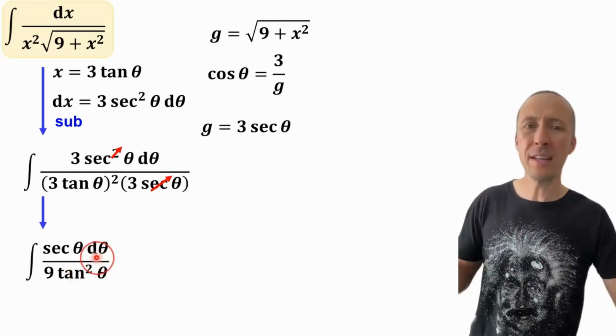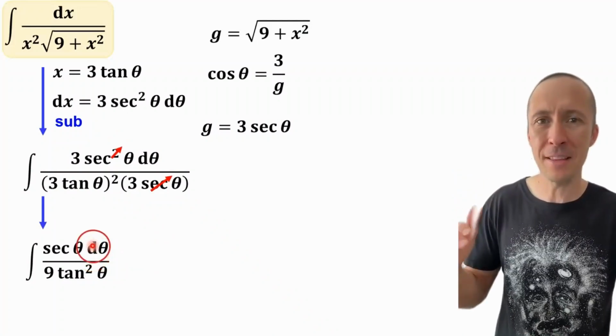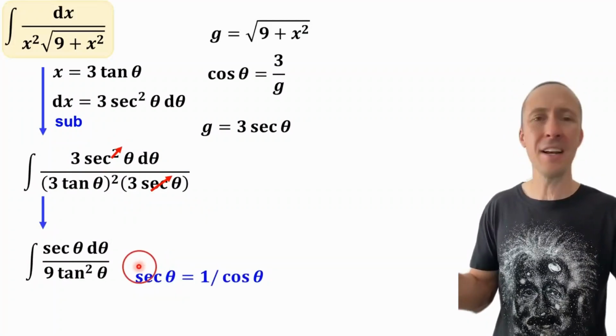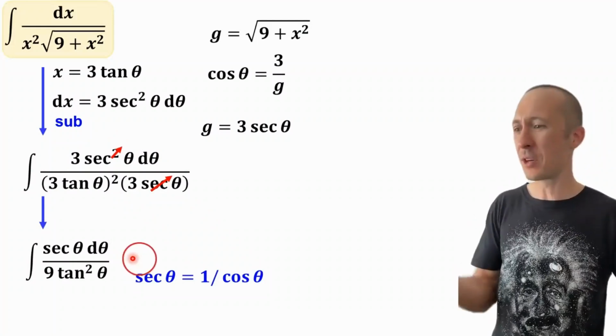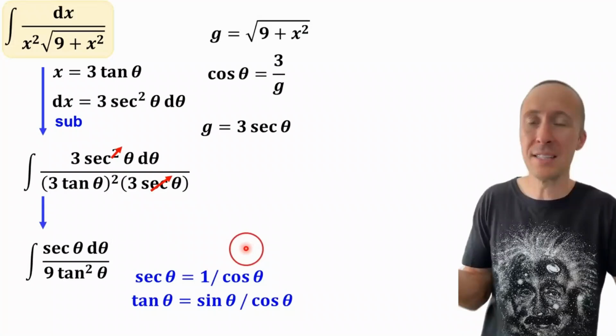Now, at this point, there's a variety of ways to do this, and let me know if you have a faster method. But what I've done is I just broke things down into sine and cos. It might not be the fastest way, but when in doubt, go to sines and cosines, and maybe you can see the way out.